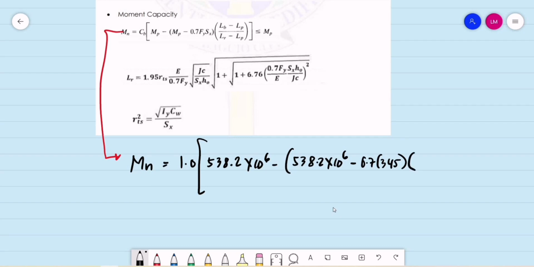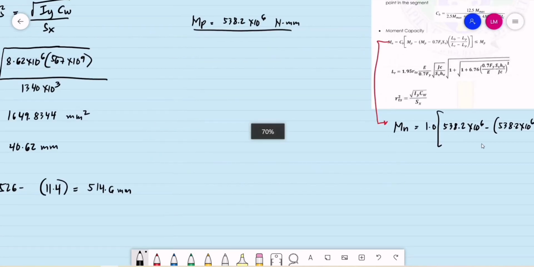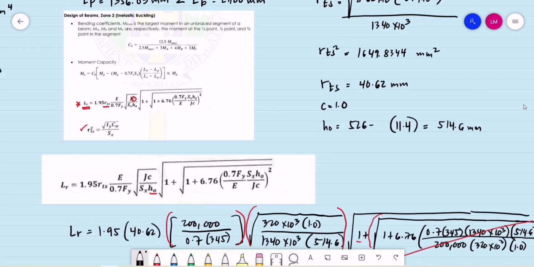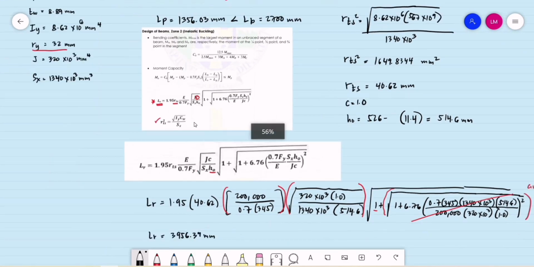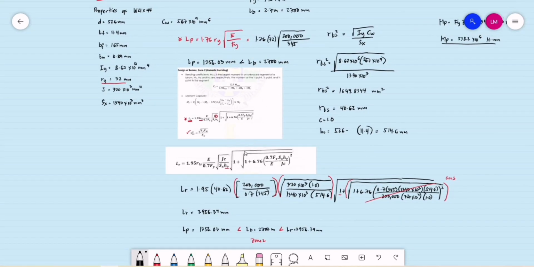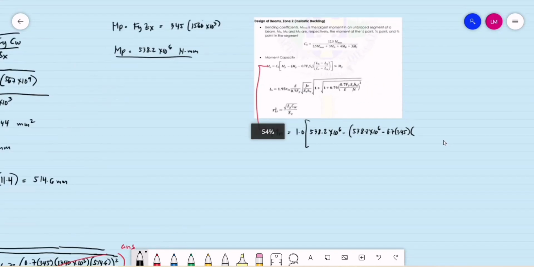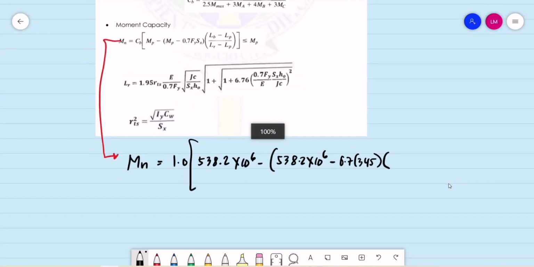A while ago, what is our S sub x? S sub x, what is that value again? 1,340 times 10 raised to 3. This is to be multiplied by 1,340 times 10 raised to 3.